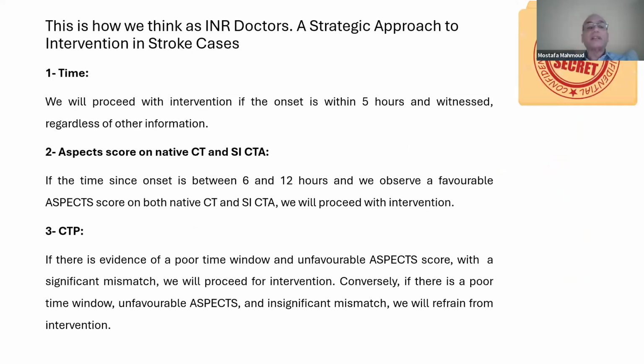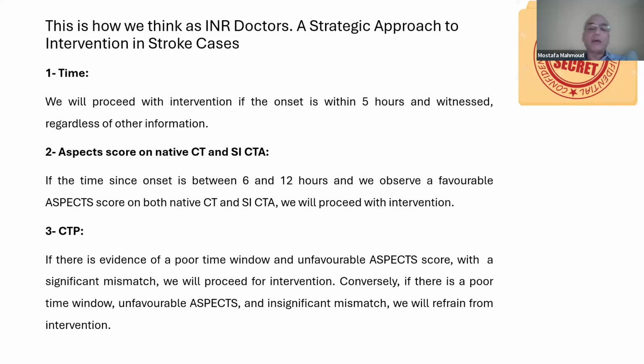Our protocol in Hamad Medical Corporation, first we have 3 pillars to build up our decision. First is the time. Below 6 hours, if the patient is witnessed and sure of timing, we will go for thrombectomy, whatever the CTP result is, based on the ASPECT score on the native CT and the source image CTA.